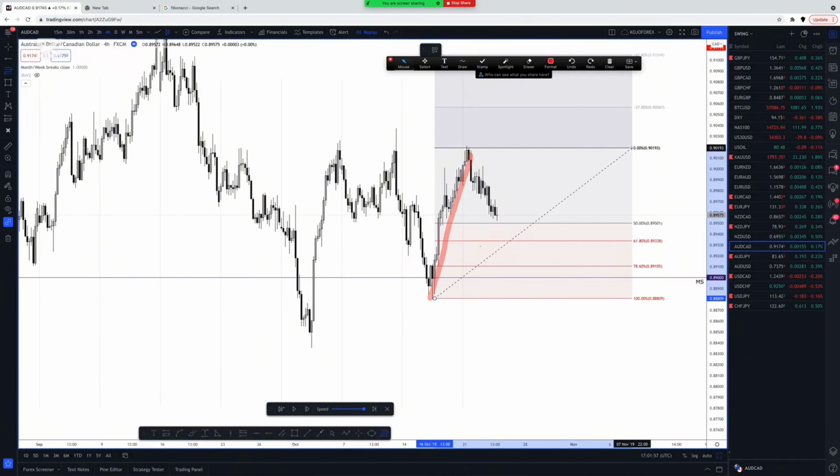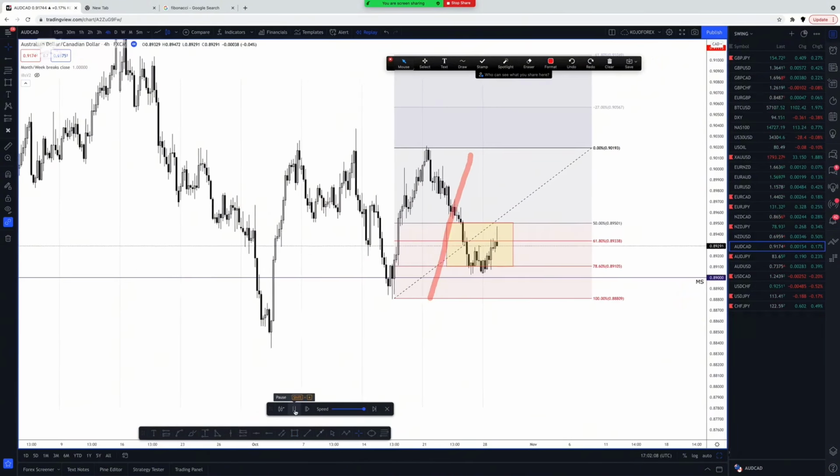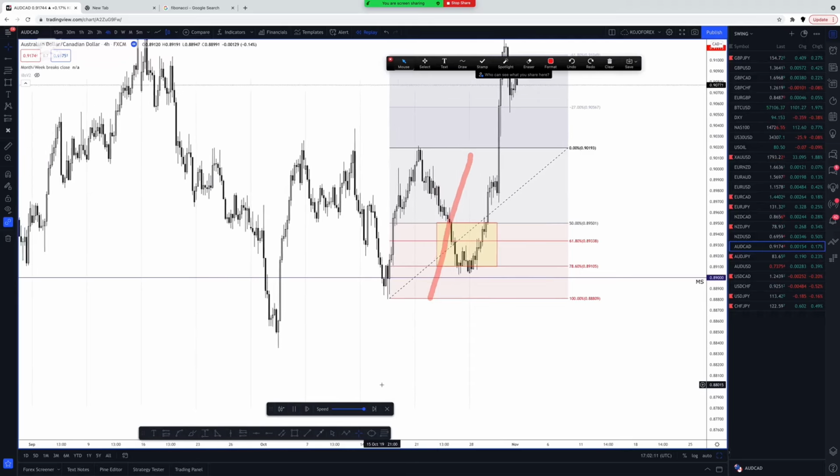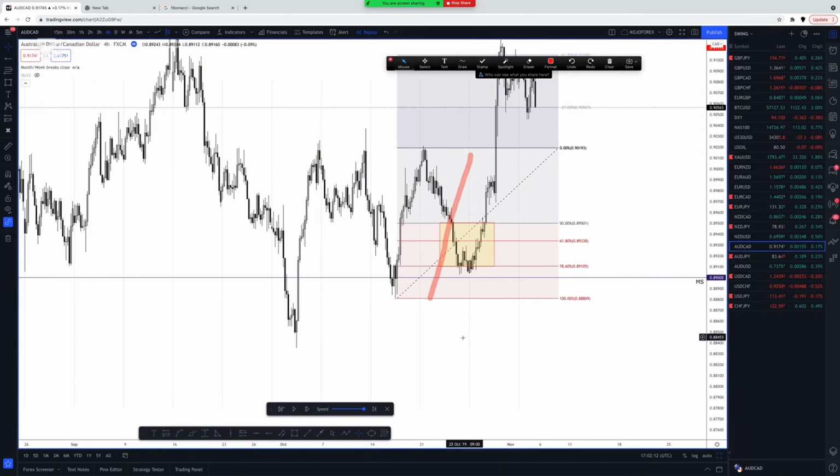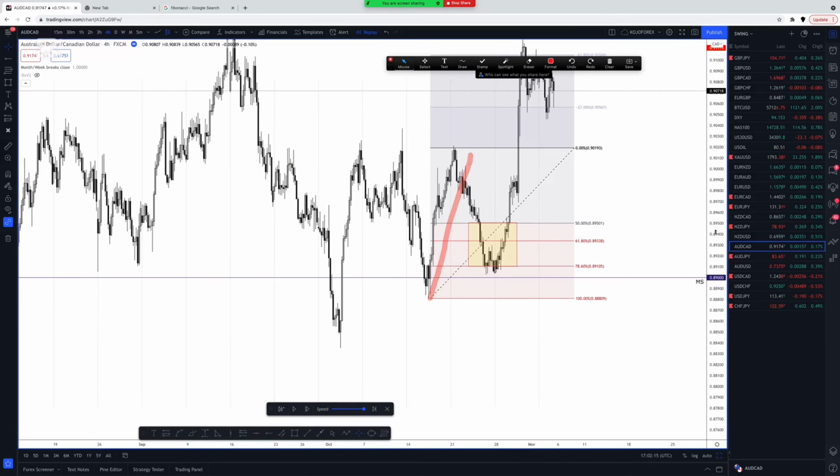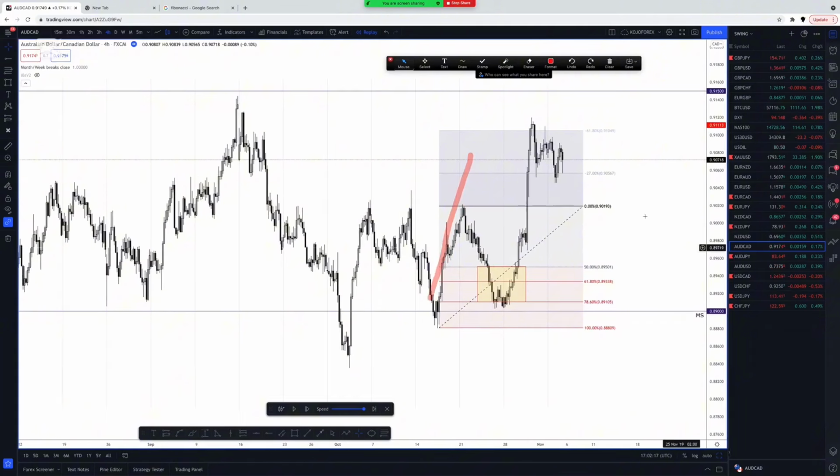So once we end at the very top like this, we want to mark out our key Fibonacci areas, which is the 50, 61.8 and 78.6 region. Now let's see exactly what happens with this market. It drips down into the 78.6 and then spikes up, and upon spiking up, we can coincidentally see that the market just hit exactly on the Fib extension of negative 61.8 before starting to push in the opposite direction.